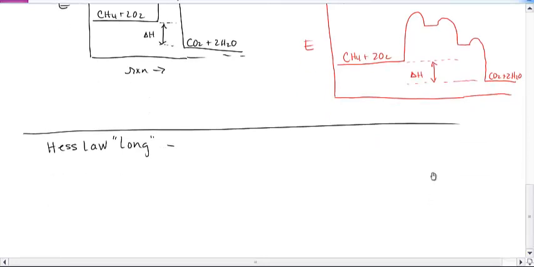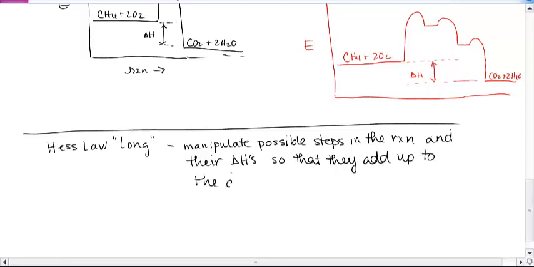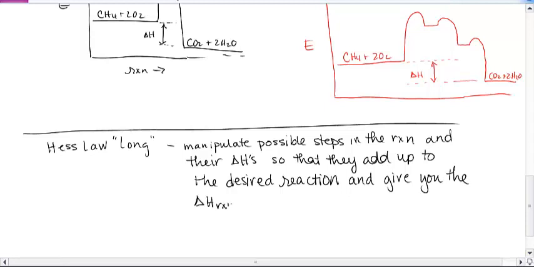But in this method, what you do, and I'm going to show you an example, is you actually manipulate possible steps in the reaction and their delta H's so that they add up to the desired reaction and give you the delta H for the reaction.